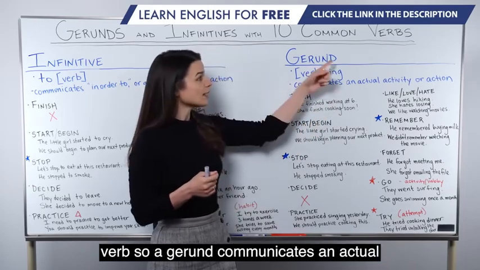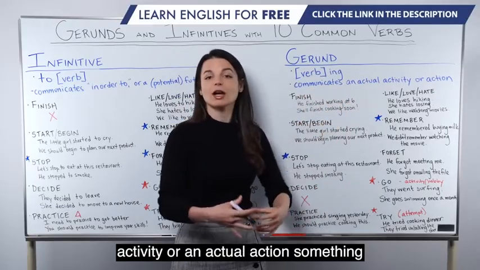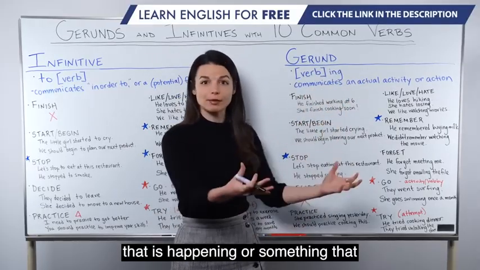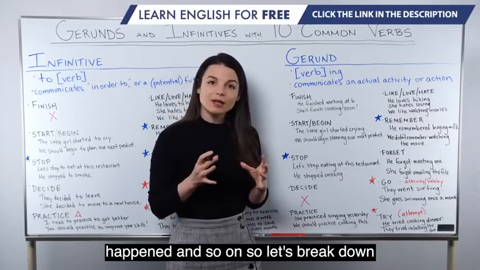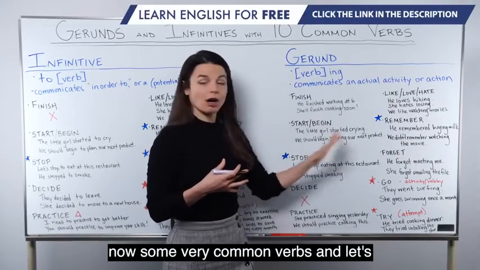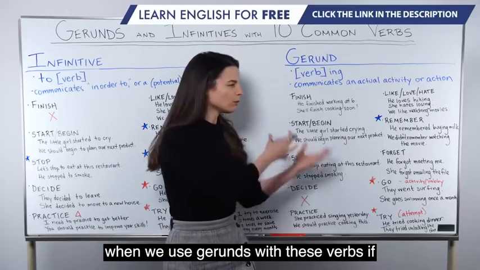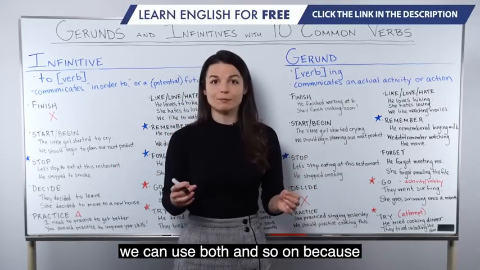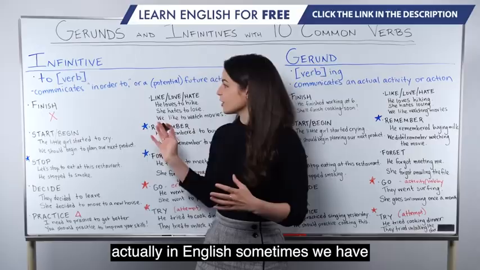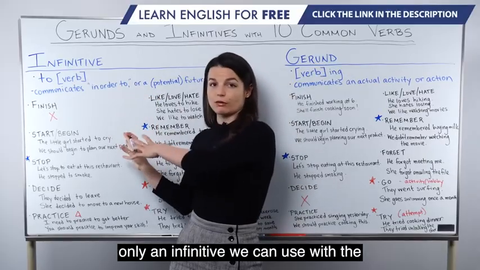A gerund communicates an actual activity or an actual action, something that is happening or something that happened, and so on. So let's break down some very common verbs, and let's take a look at when we use infinitives, when we use gerunds with these verbs, if we can use both, and so on. Because in English, sometimes we have only an infinitive we can use with the verb.